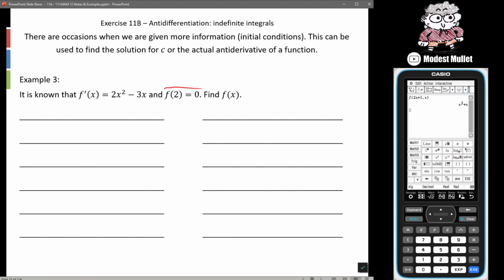In this case, not only are we given the derivative, but we're also told that f of 2 is equal to 0. When we're given this extra information about the original function, the antiderivative, because f is the antiderivative of f dash, this will allow us to find c, what the actual number c is.